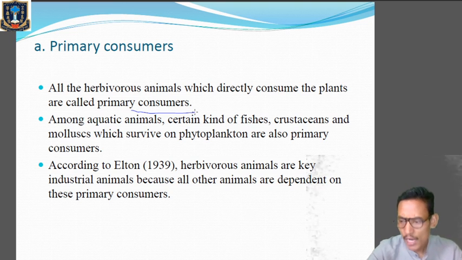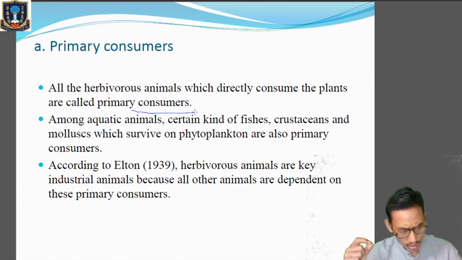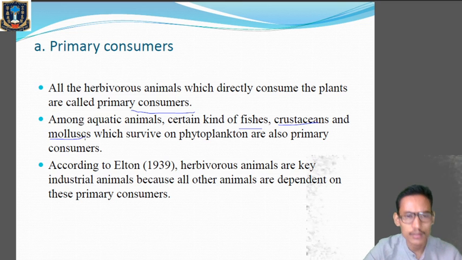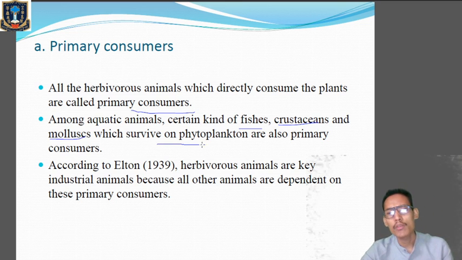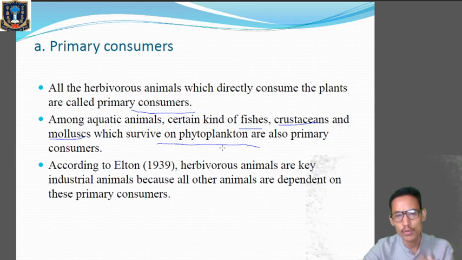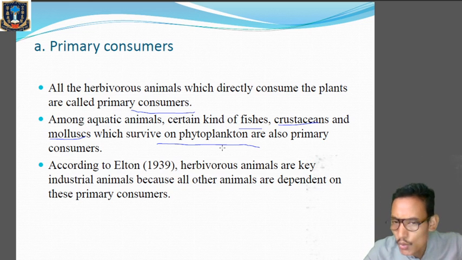Now in case of aquatic habitat, among the aquatic animals, there are certain kinds of fishes, crustaceans, and mollusca, which will survive on phytoplankton. Phyto means plant. Plankton are free floating organisms present on the surface of a water body, which are the major producers in an ocean ecosystem.